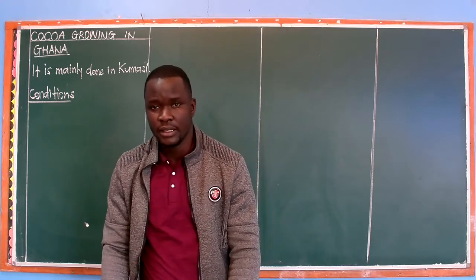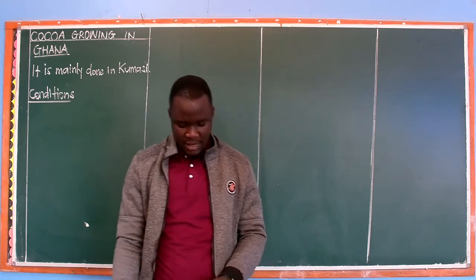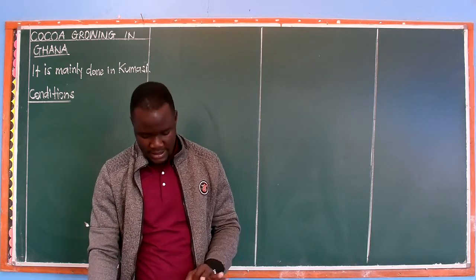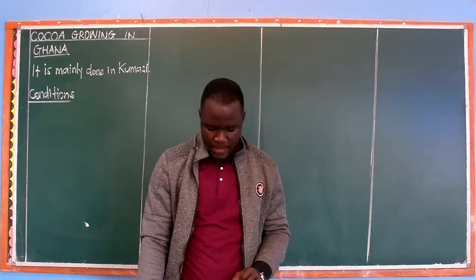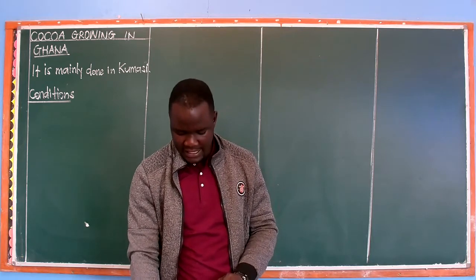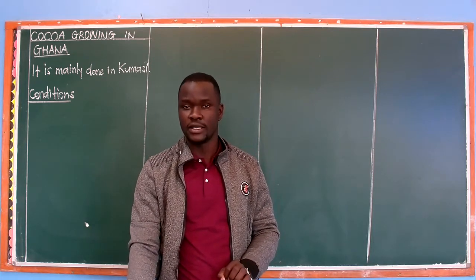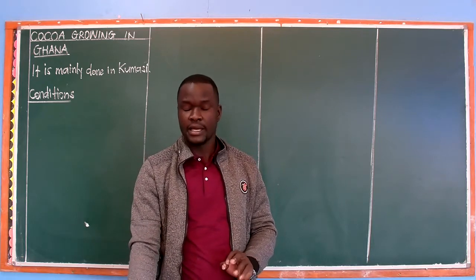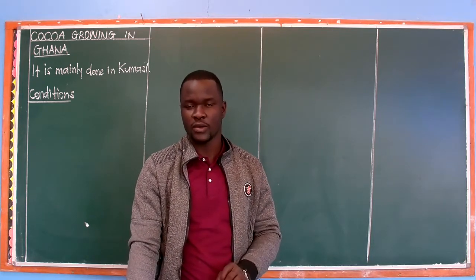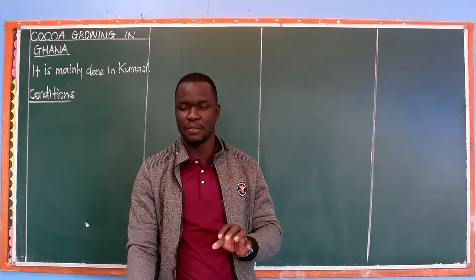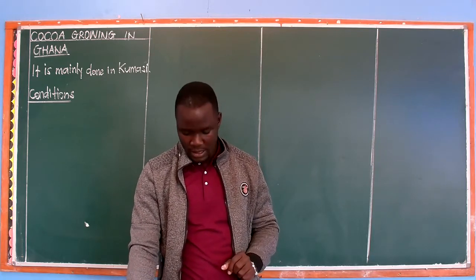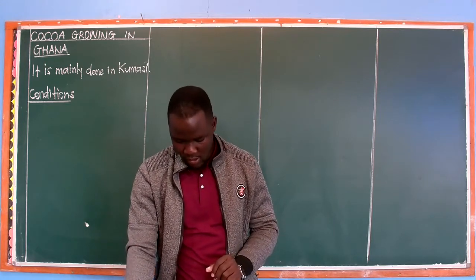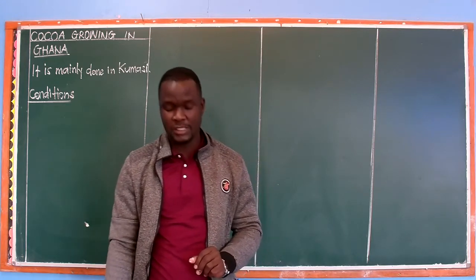Number one, we have the presence of well-drained fertile soil. Number two is the high temperatures that range between 20 degrees to 25 degrees Celsius. The crop also requires an area which receives plenty of rainfall, that is ranging from 1,000 to 1,500 millimeters.